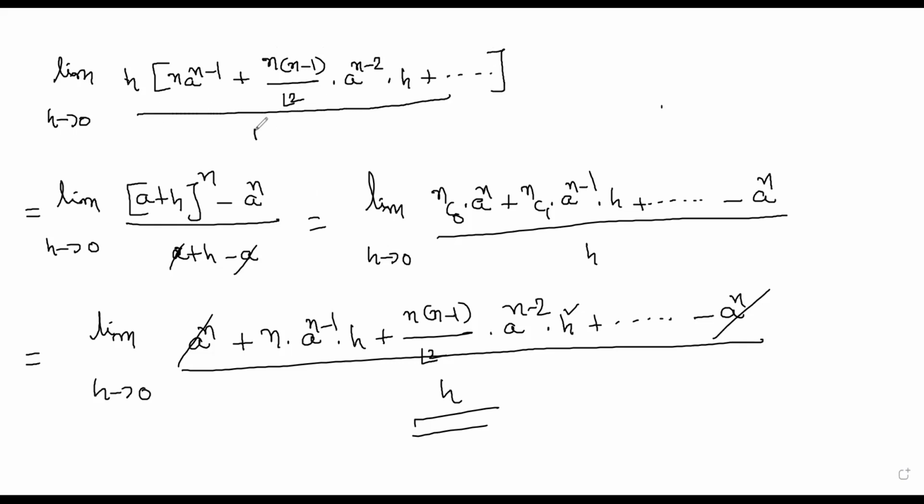The h in the denominator gets cancelled. Now substitute h equal to 0. Every other term goes to 0, and n times a^(n minus 1) will remain. Hence the answer. With this proof, I will now tell how we can use this.